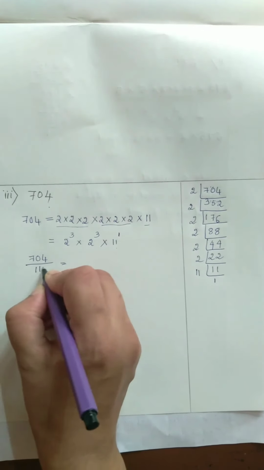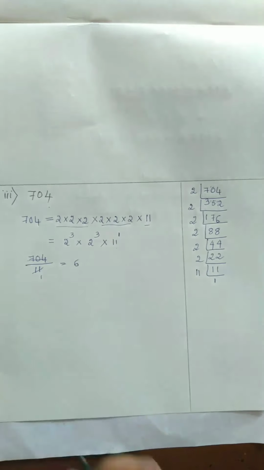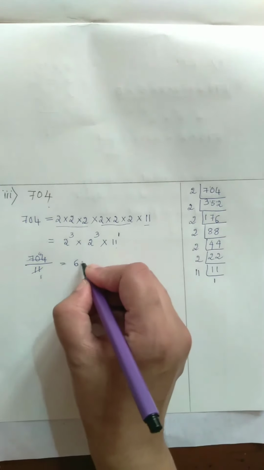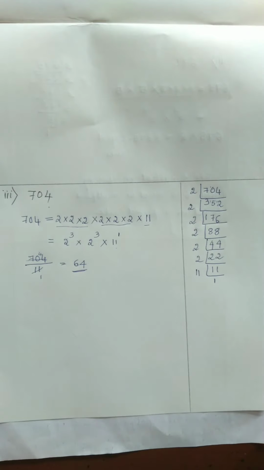Therefore, 11 ones are 11, 11 sixes are 66. 70 minus 66, the remaining is 4. Then 11 fours are 44. Therefore, 64. 64 is a perfect cube because 4 cube, 4 into 4 into 4, is 64.